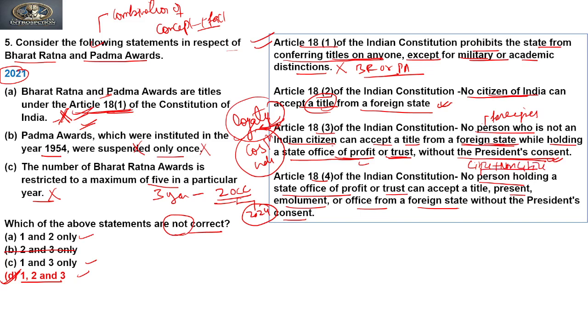So whether a citizen or an alien, if the person is holding any office of profit or trust, they cannot accept any title, present, emolument or office from a foreign state without the President's consent. This clause also tries to establish allegiance towards the Indian government and the Indian Constitution. Clear? This is what we have discussed about the first option.